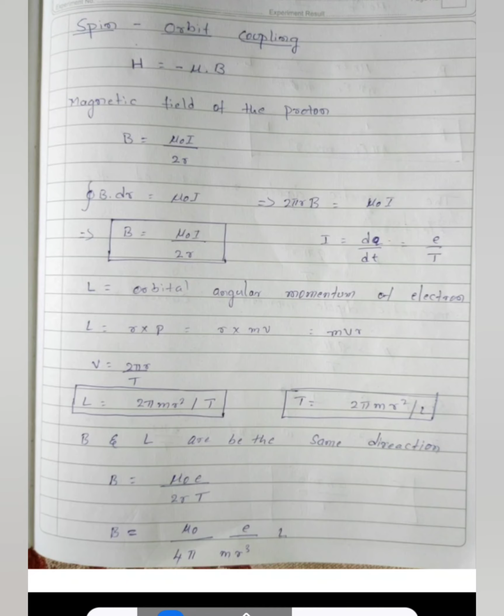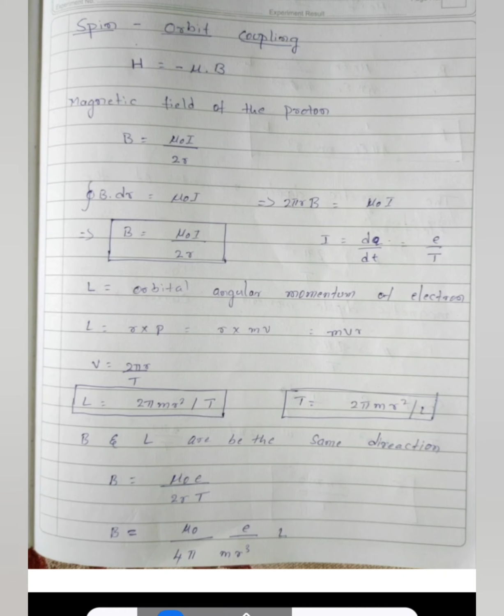Both are the same. So here I replace I is equal to e by T. dq is the charge of the proton e, and dt is the total time, the period capital T. So e by T is the current.